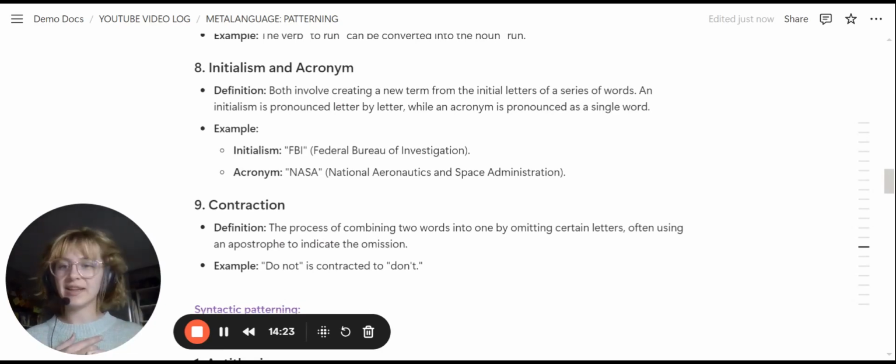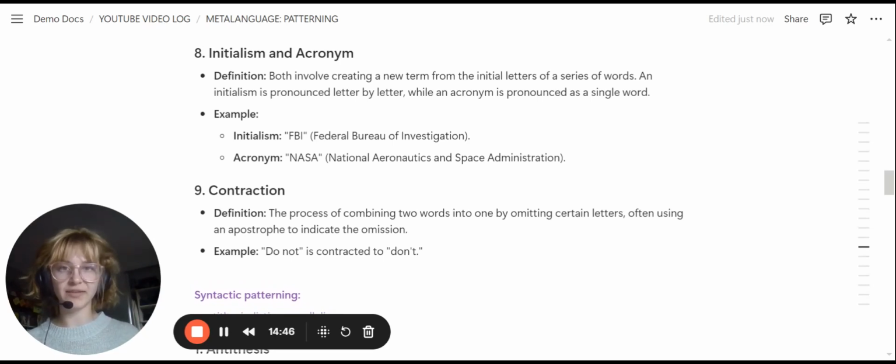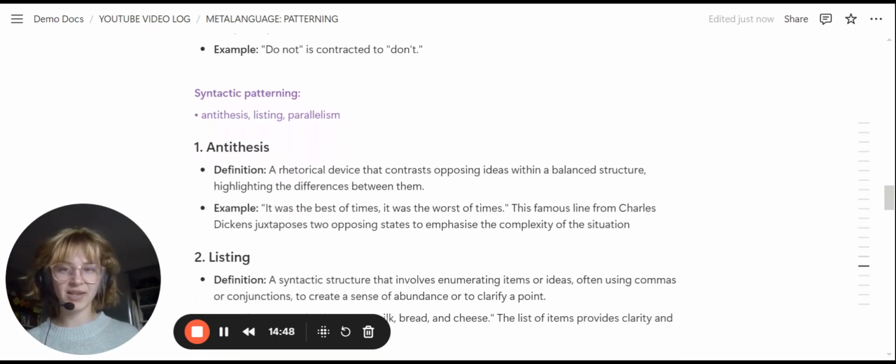So by maintaining authority or establishing expertise, you can do that with, well, only initialisms and acronyms that are proper nouns of companies or some sort of business that has already got a lot of prestige associated with it. So those are some of the reasons why we might use these different word formation processes.